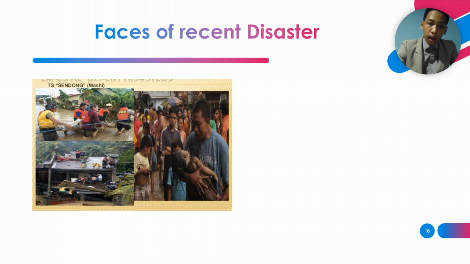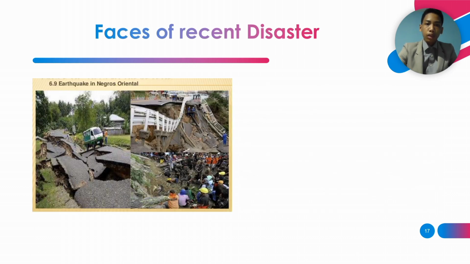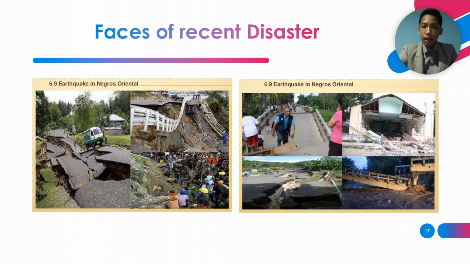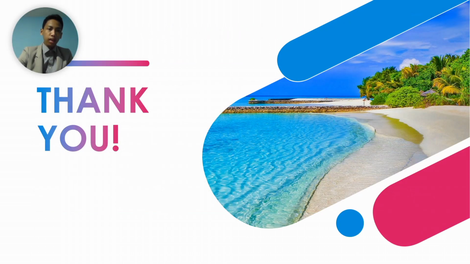They are helping each other. The next one is in Compostela Valley. Next is the earthquake in Negros Oriental, and the next one is also the earthquake in Negros Occidental. That's all. Thank you for listening to my report.